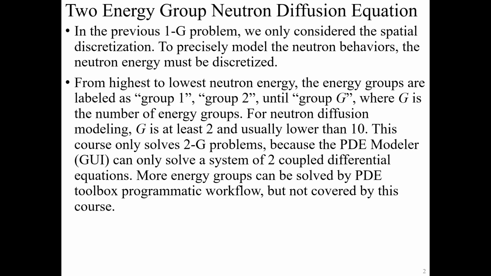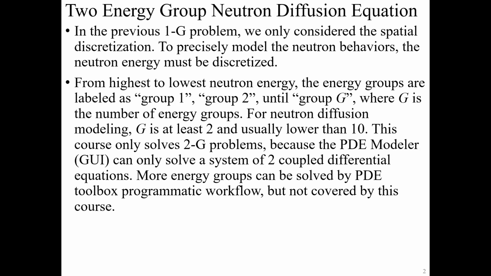In the previous one group problem, we only considered the spatial discretization. So we only have the meshes in the space. However, to precisely model the neutron behavior, the neutron energy must be discretized as well. We know that neutrons have different energies.